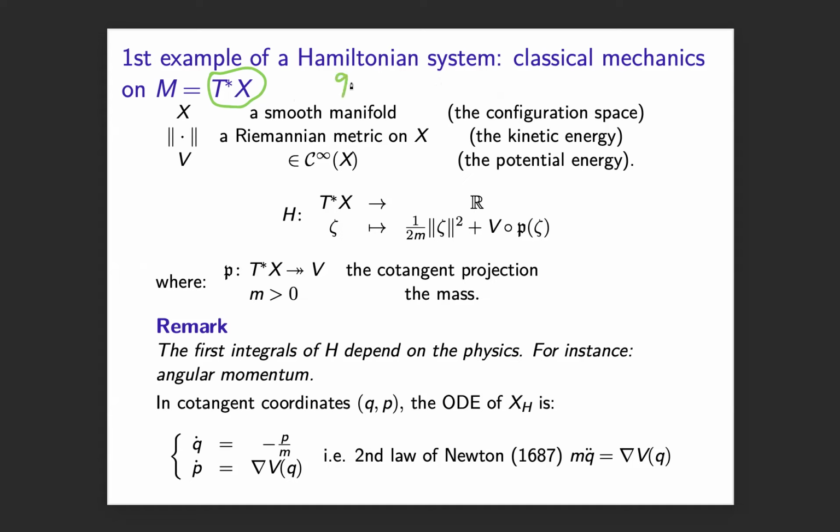In coordinates, 2 seconds. So if you have q coordinates on X, then once you have coordinates on a smooth manifold, you can construct cotangent coordinates on T star X, and every cotangent coordinates are Darboux coordinates for the symplectic form on T star X. Means that for the q, p coordinates on T star X, if q are any coordinates on X, q, p are cotangent coordinates on T star X. And then in these coordinates, the symplectic form will be given by this matrix.